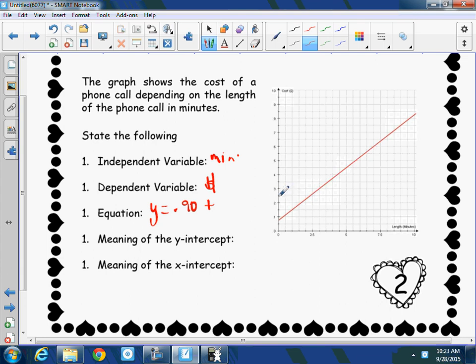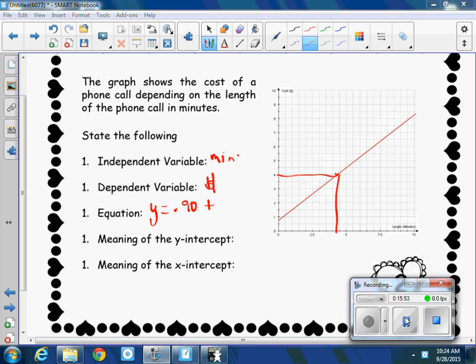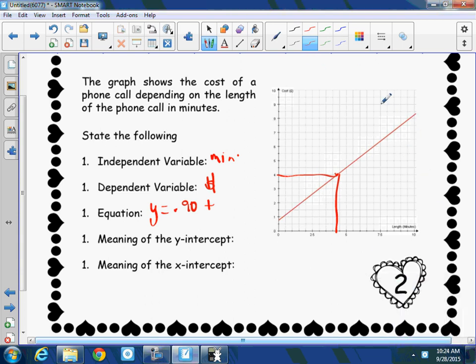So pick a point that you can read. I'm going to pick this one right there. Okay, so the rate of change over here would be y divided by x.